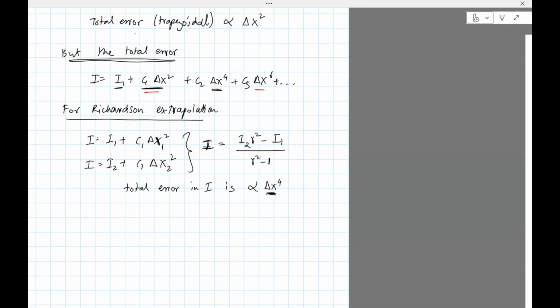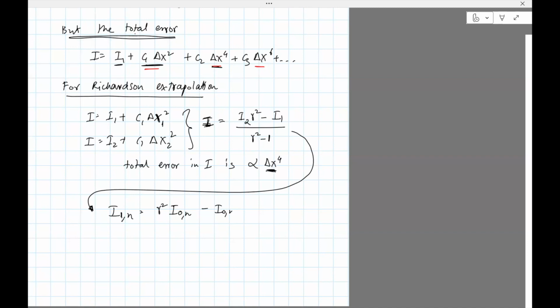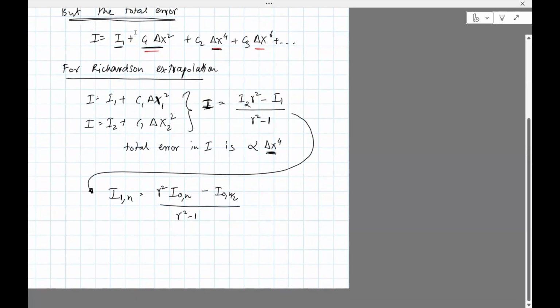To explain what I'm trying to do, let me rewrite this in the following way. Let me call that I1,n equals r square I0,n minus I0,n divided by r square minus 1. Okay, so what I did was, let's assume that the first step of an iteration you're doing is the 0th iteration.